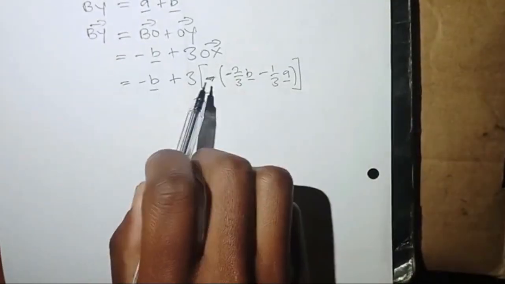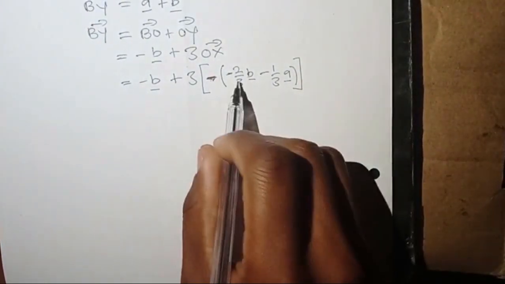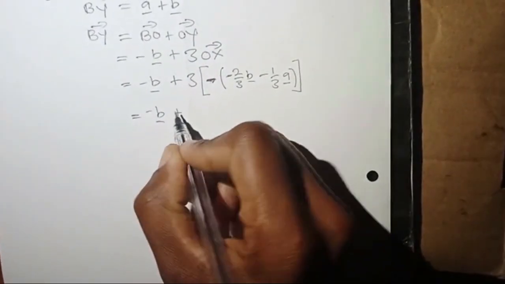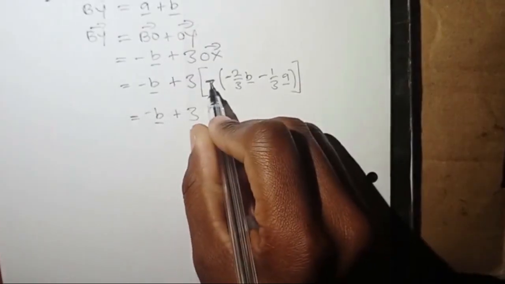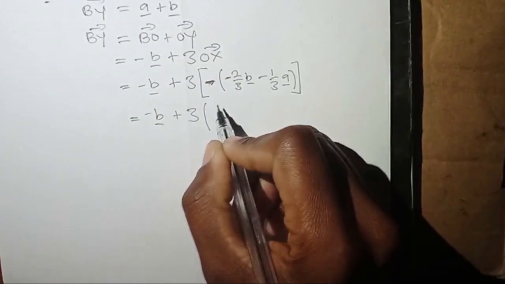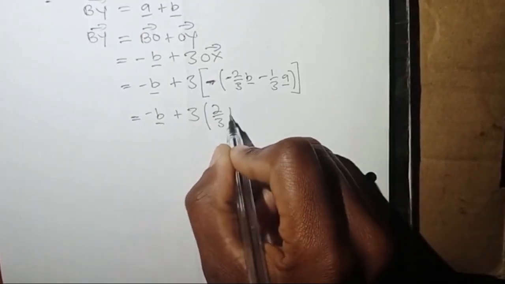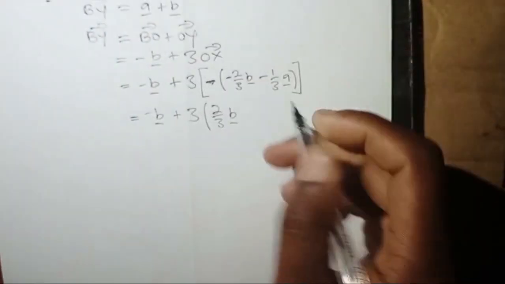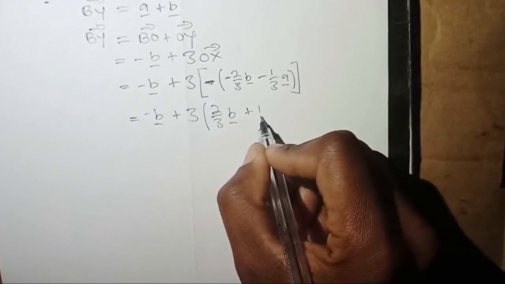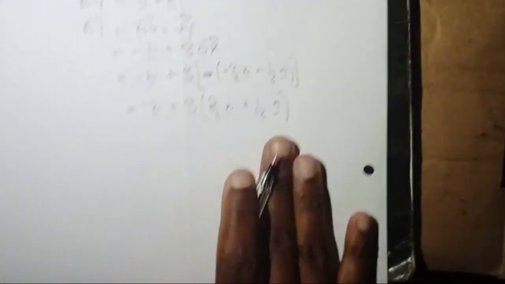So now we need to distribute this negative sign through all these terms. So it's going to be negative times negative 2 over 3 b, and negative times negative 1 over 3 a. Negative times negative is positive, so the negatives have cancelled out. That's what we are going to end up having.